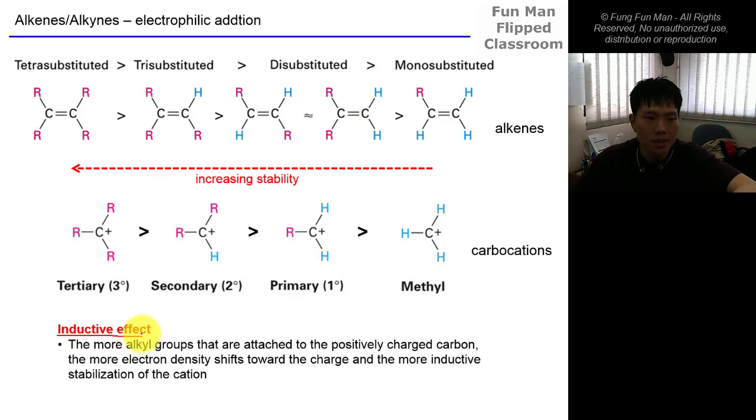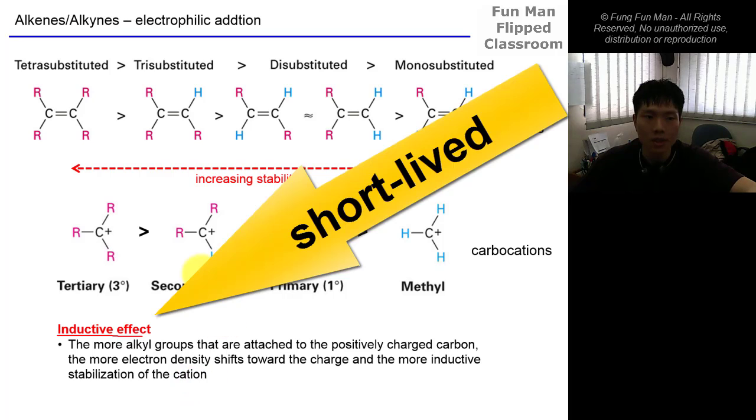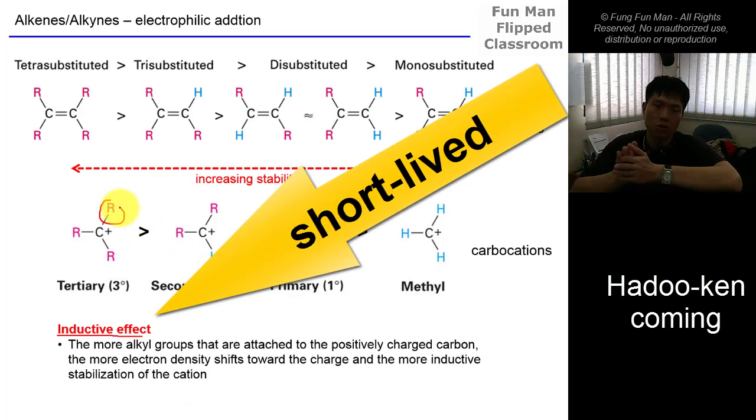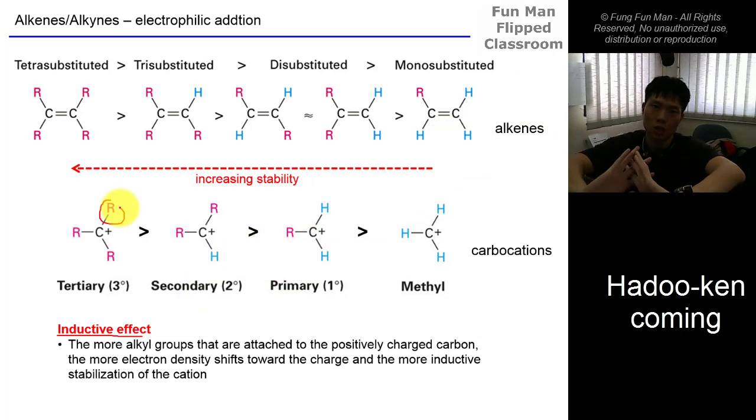Inductive effect. It says that the more alkyl groups that are attached to the positively charged carbon, the more electron density shifts towards the charge and the more inductive stabilization of the cation. So basically you can take it that the R groups like to release electrons, so they like to push electrons to a side.